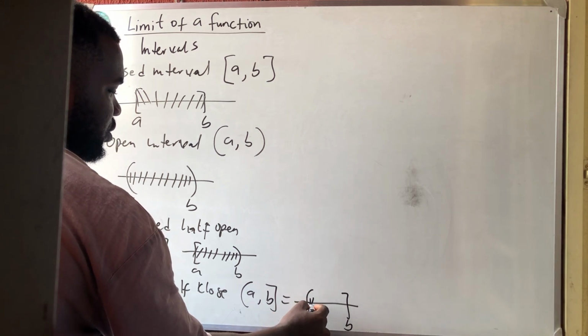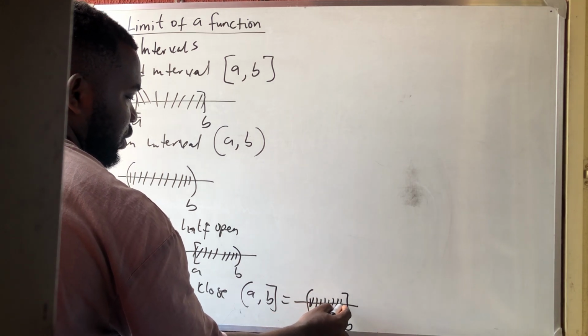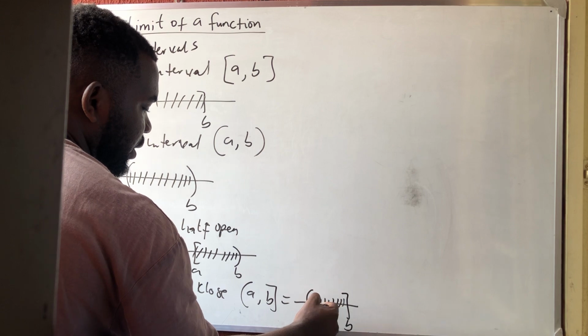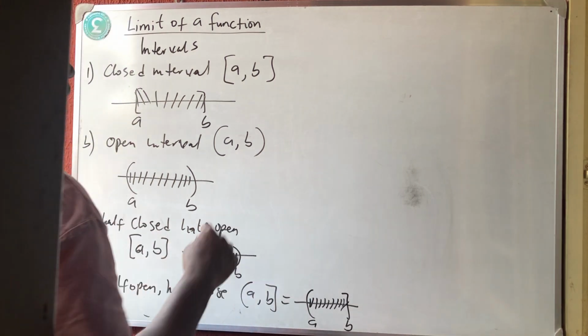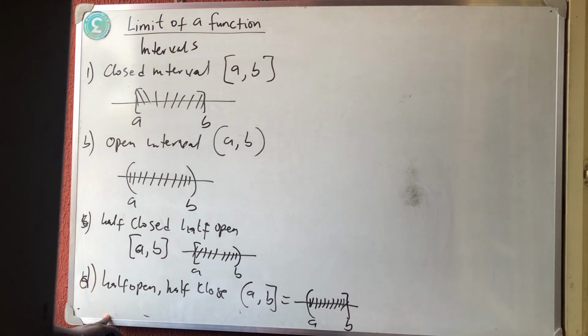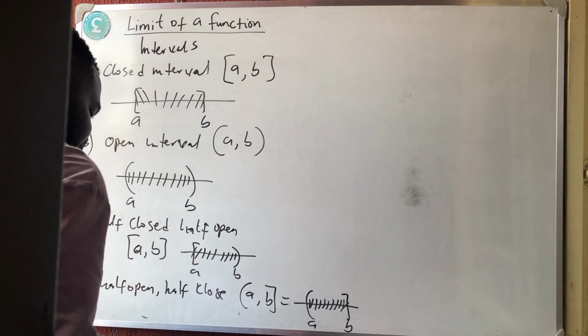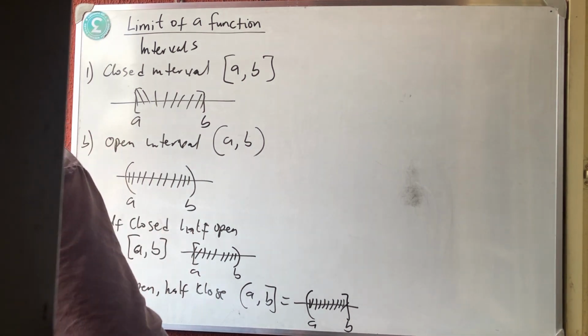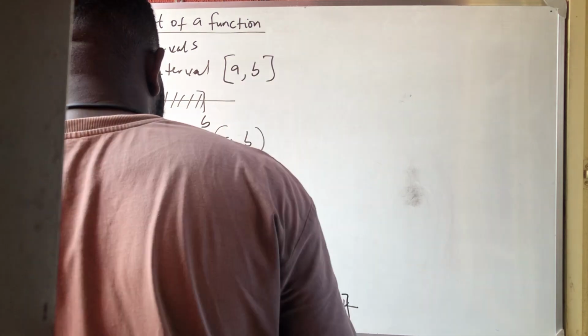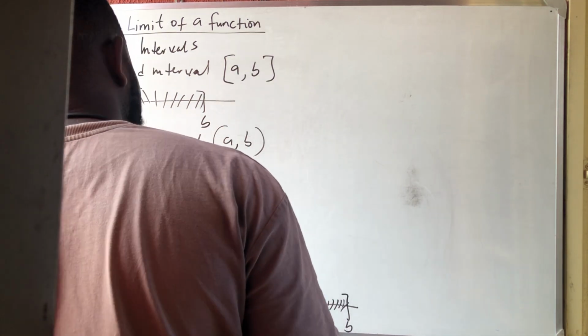So the interval did not start from A. It's just everything in between, and B itself is involved. So you need to know these 4 types of intervals. Let us do some examples for you to understand.